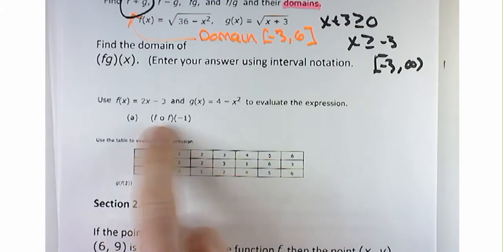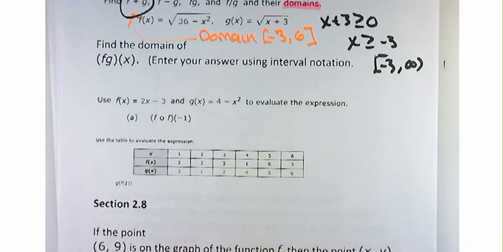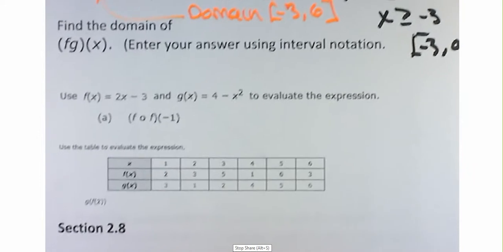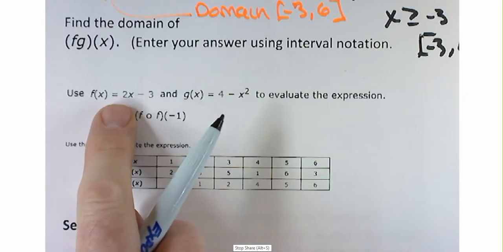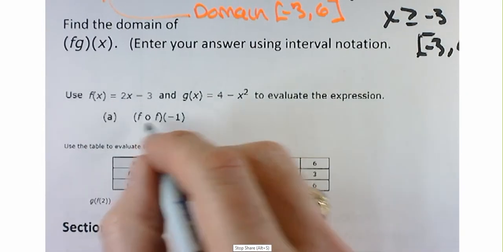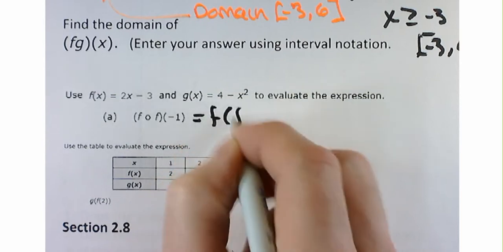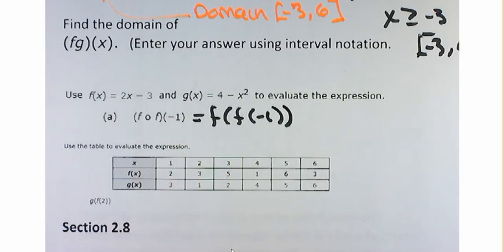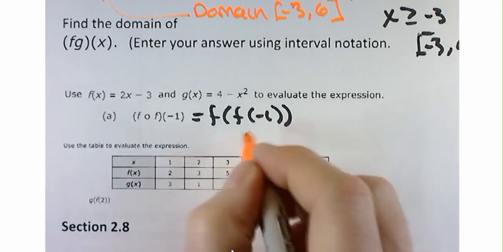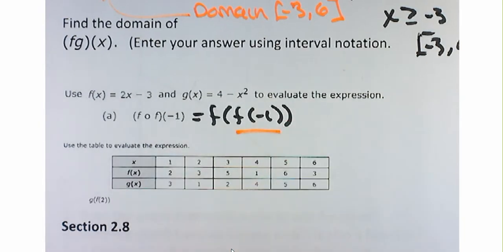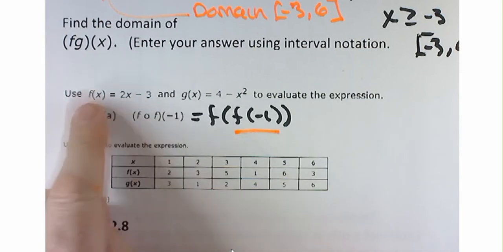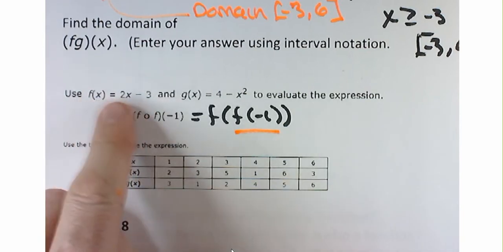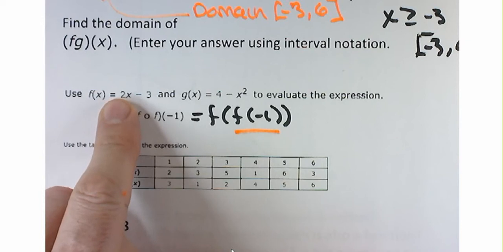Okay. Let's move on down to f of f of negative 1. Some function composition stuff. So this is still some 2.7 work. Now they give you the function here. It's 2x minus 3. F of f of negative 1 really means this. Start out in the innermost parentheses, f of negative 1. If I put in negative 1 into f, it's going to be 2 times negative 1, which is negative 2.